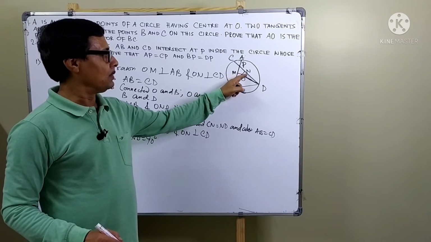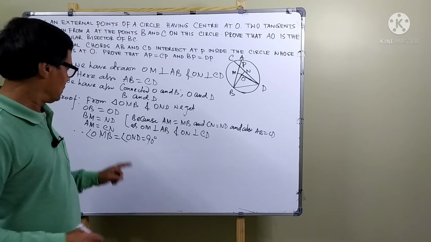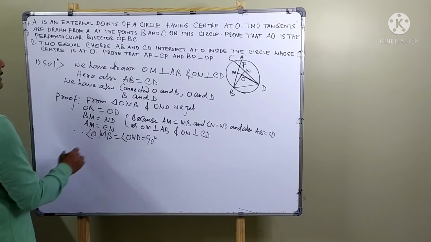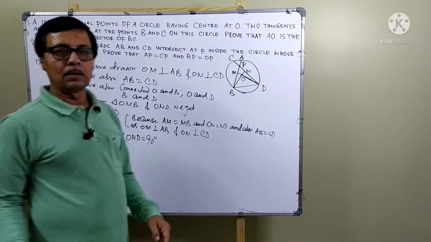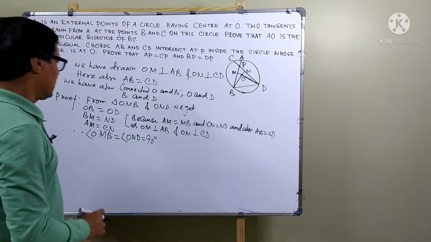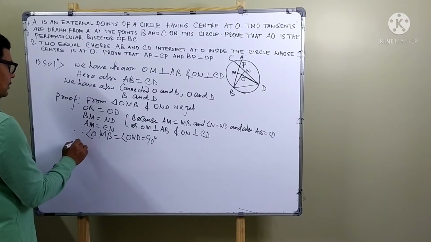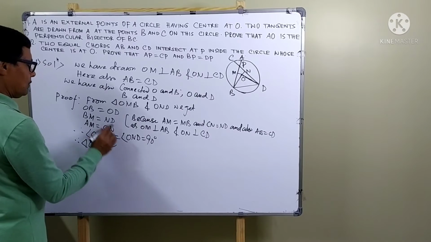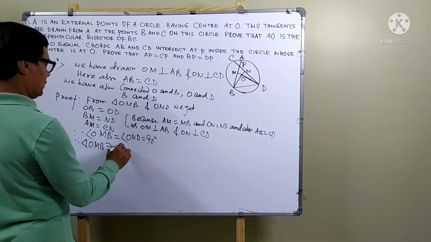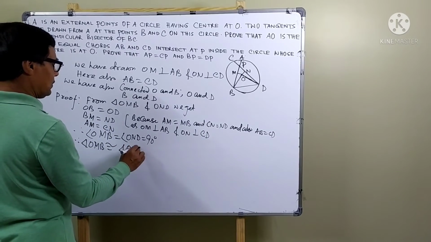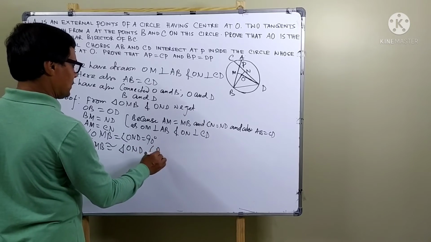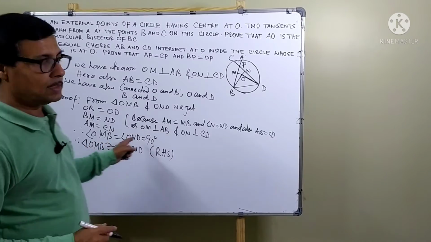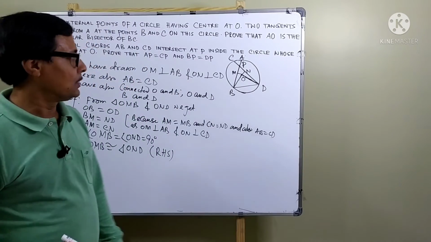So OMB and OND are both 90 degrees. So by the RHS property, triangle OMB is congruent to triangle OND.